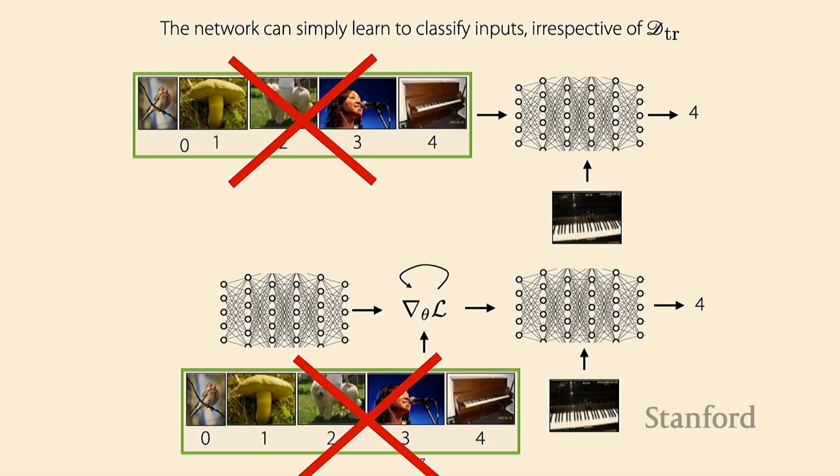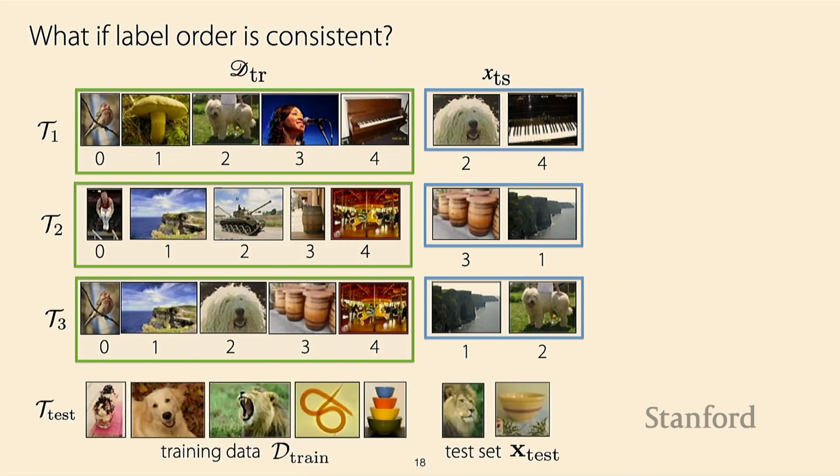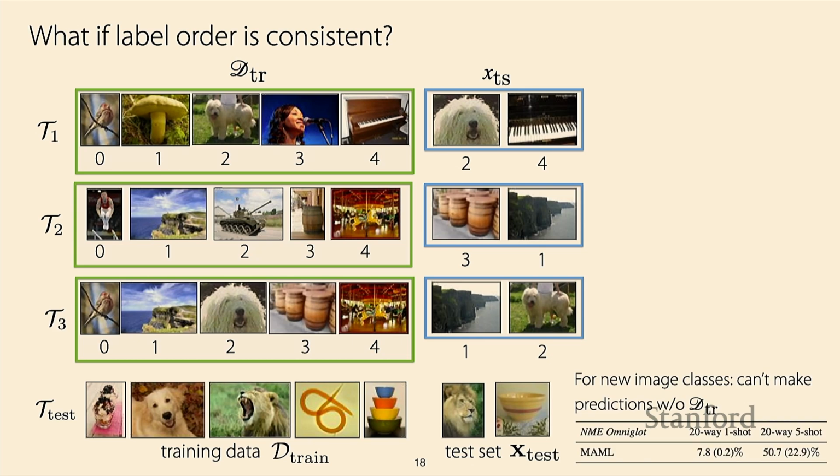Cool. So it can ignore things, and if you actually run meta training on this exact example that I gave you, and then evaluate it on examples from new classes, its ability to learn from a new data set, the accuracy goes to around 7.8% or 50% in these 2 different problems.